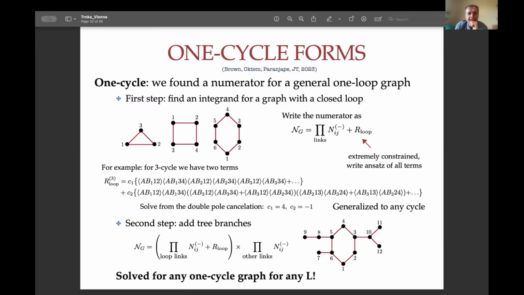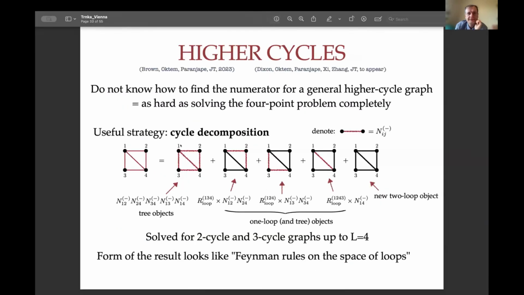So the one cycle problem is solved, and for the 2 cycle and 3 cycle problem, something we will need for the case we will be interested in here in more detail, L equals 4, the four loop, we also solved this problem, but we don't have a general method. There seems to be some sort of decomposition: if you would like to calculate the canonical form for this geometry, you would consider this object as being a tree, so you can just write the numerator as a product of the 2 loop numerators.